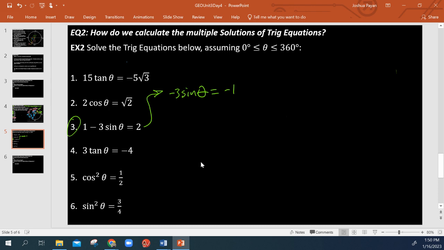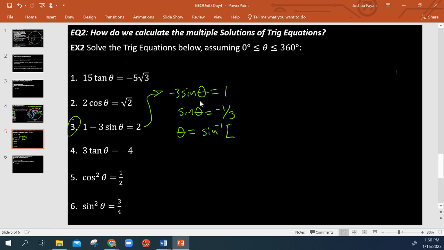And, whoa, not negative 1, that's positive 1. What's the matter with me? Okay, then I'm going to divide by negative 3 on both sides because that's the inverse of multiplying by negative 3. So now I've got sine theta equals negative 1 over 3. Can't simplify that any further. Last thing, of course, we're going to do is the arc sine of both sides. What you do to one side, you do to the other.